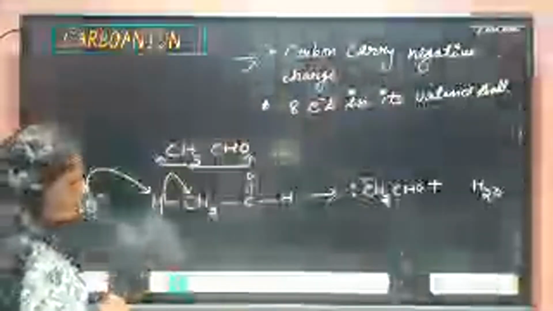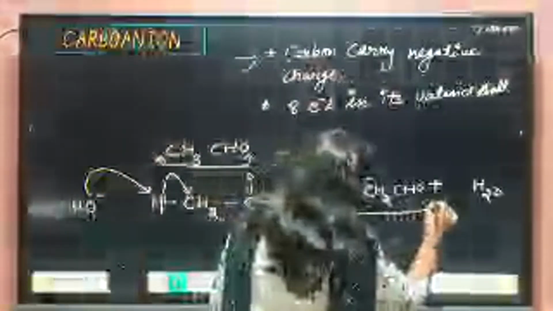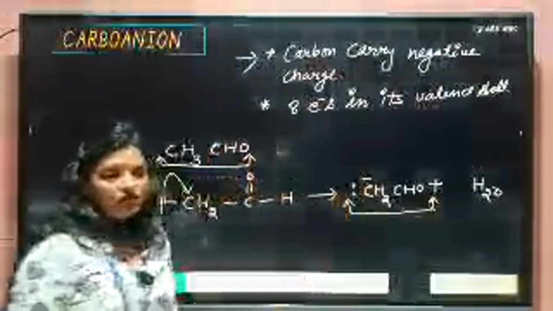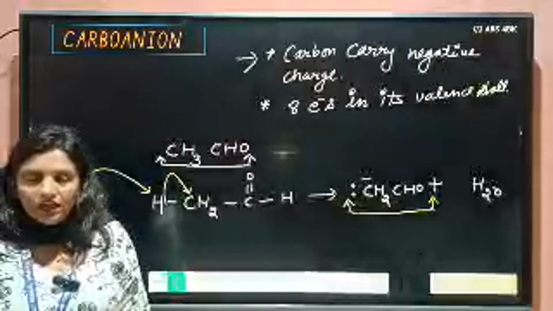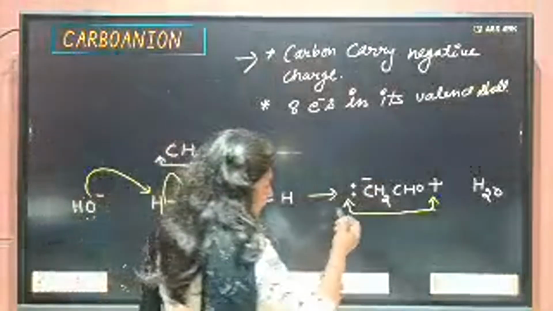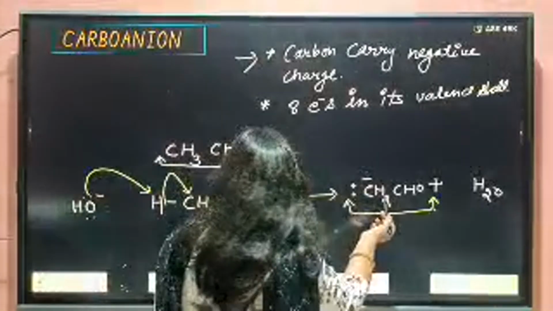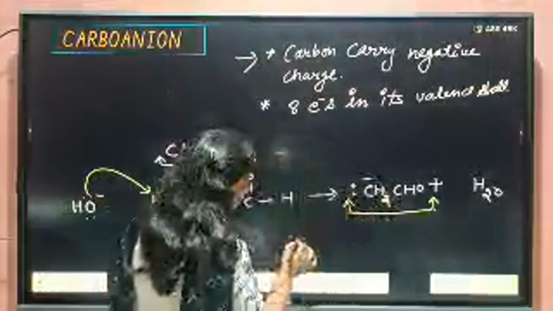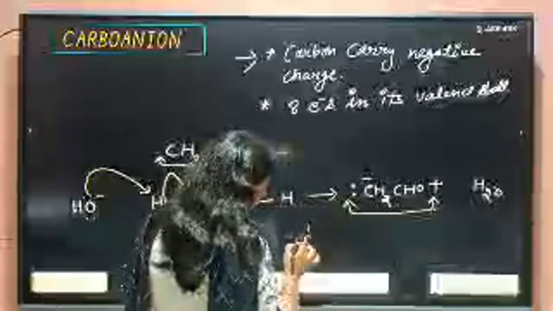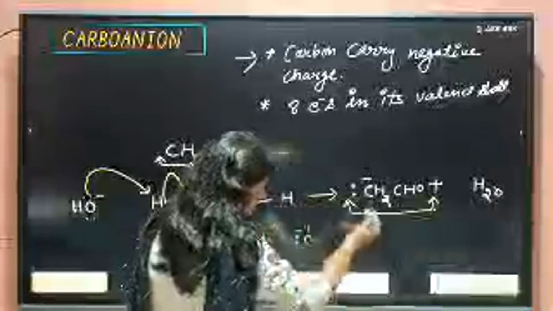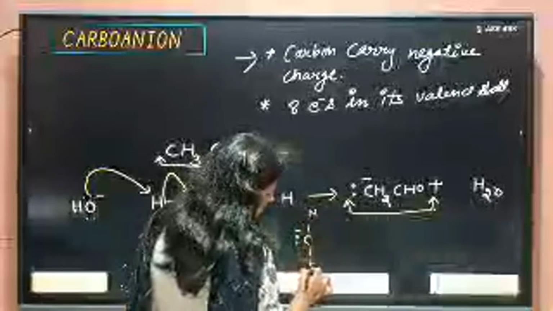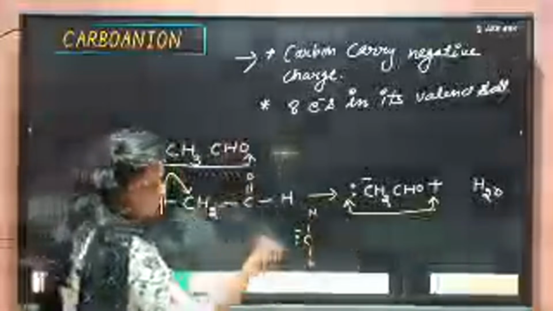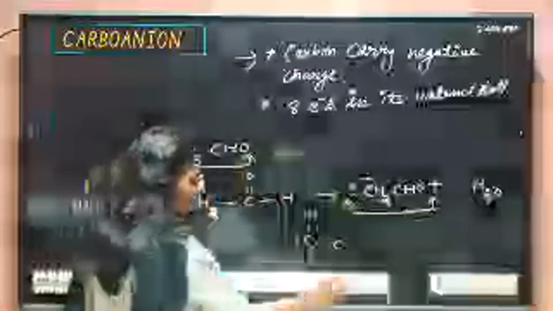So you can see now here in this pathway, carbon carries negative charge. Then students, carbon carries negative charge on this one, and it has, I can write in this way, the two electrons, negative charge, it is forming two bonds, one bond with this carbon, one bond with this carbon.